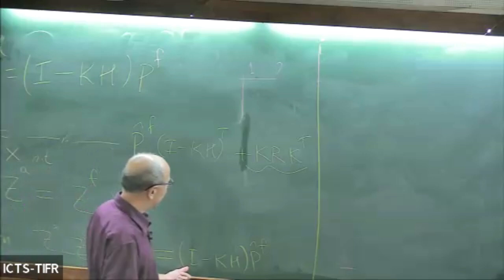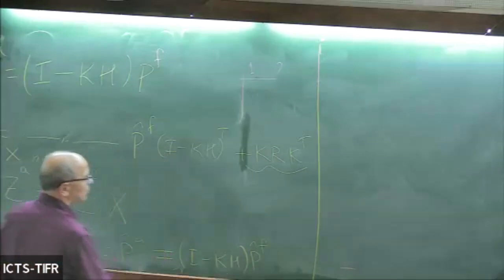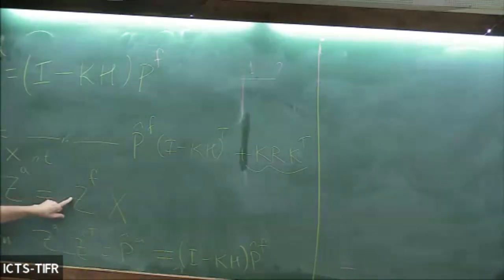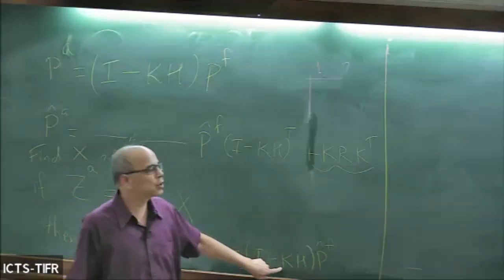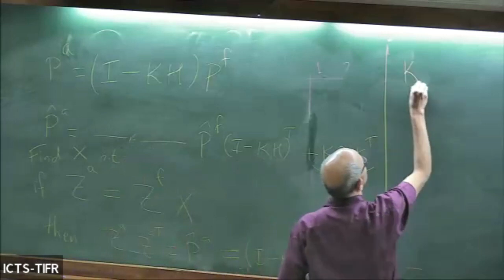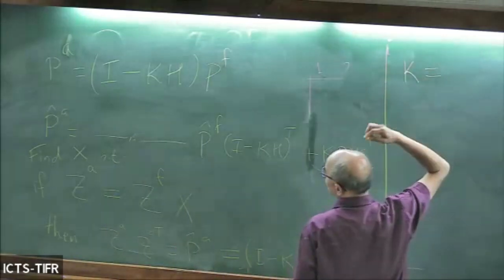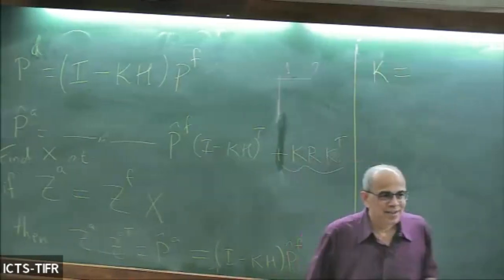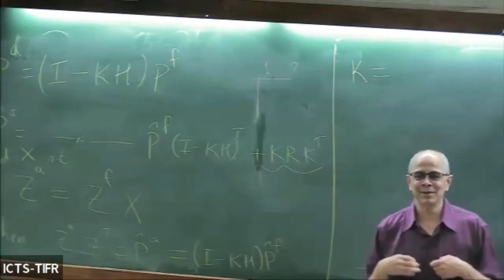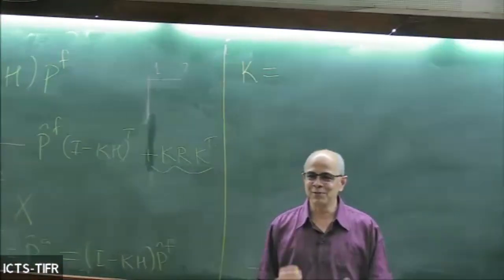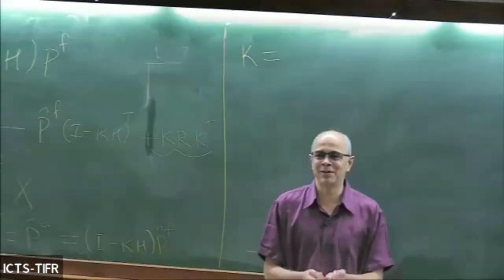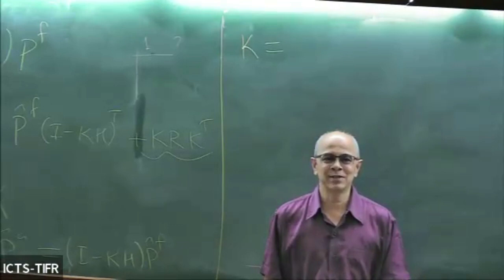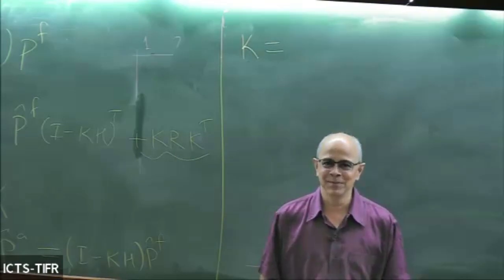So let's start writing down what PF is. P hat is ZF transpose. K was written in terms of, so let me write down that form of K again. Remember K was, by the end of a data assimilation class, the expression for K should be drilled into your mind as much as, for example, the solution of ax squared plus bx plus c equal to 0.